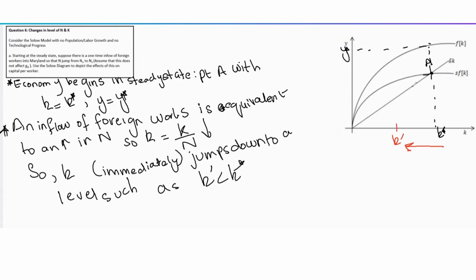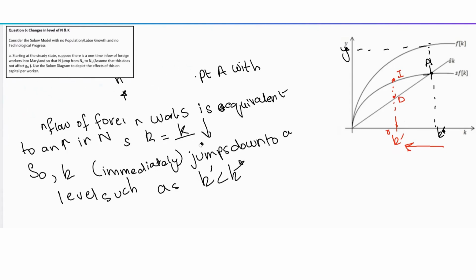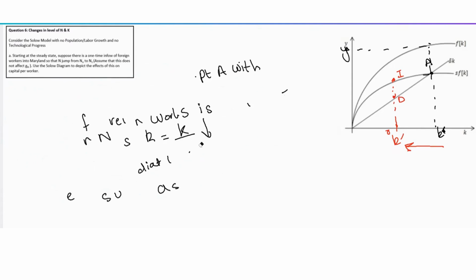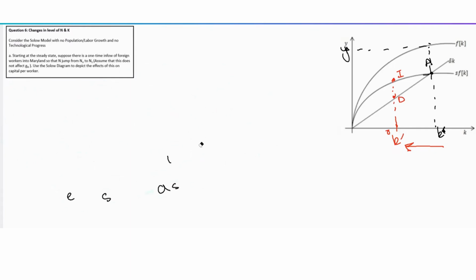Now at k prime, let's label a couple of things, and see what happens there.